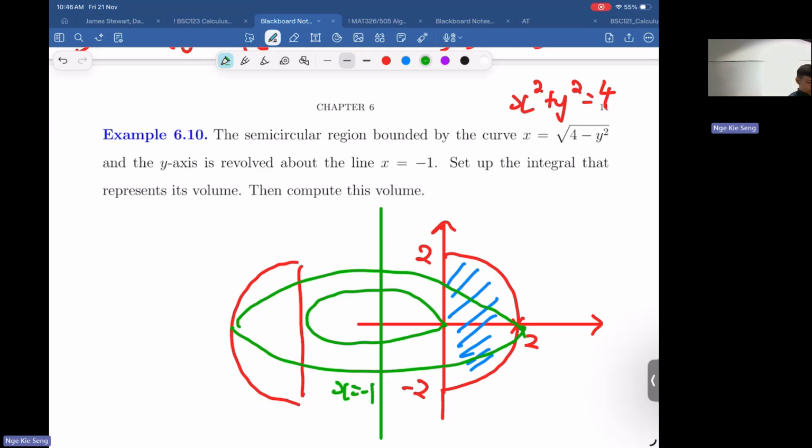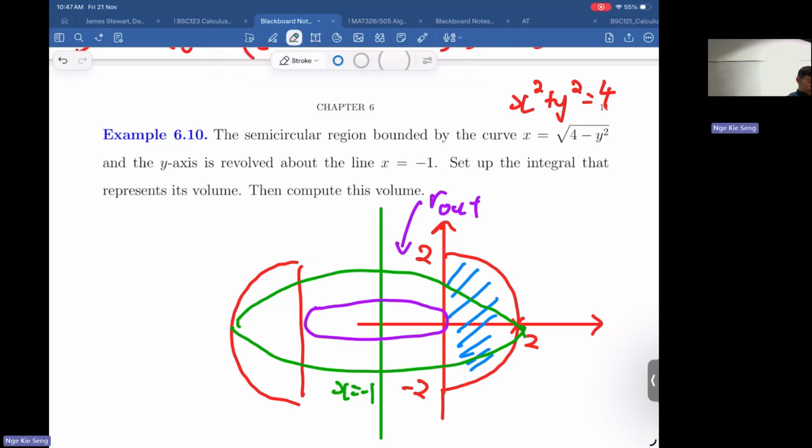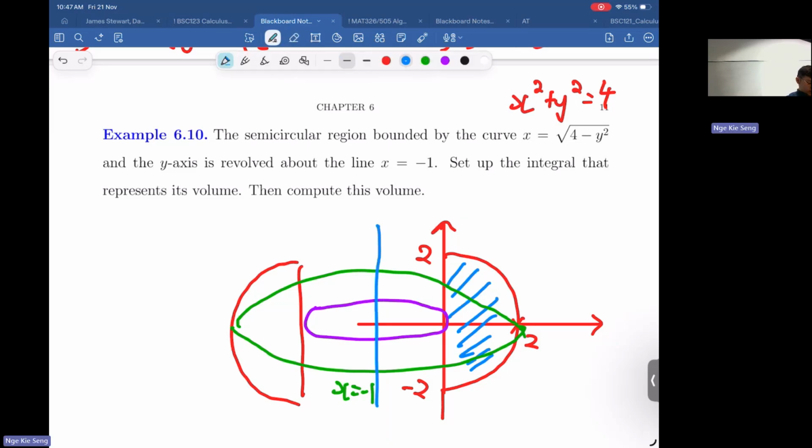The outer one is R out, outside, right? And then you drill the hole inside here. Maybe this is a bit confusing, so how about I use a different color? The green one is R out, and the purple one is R in.